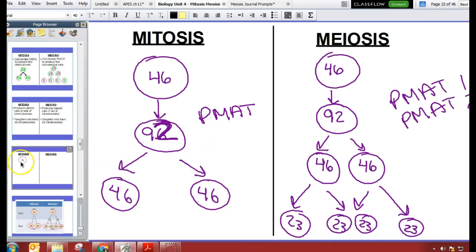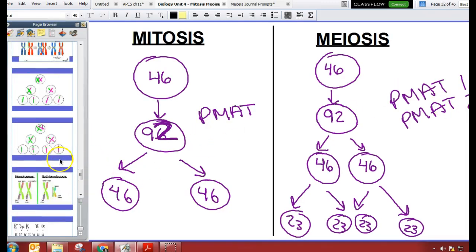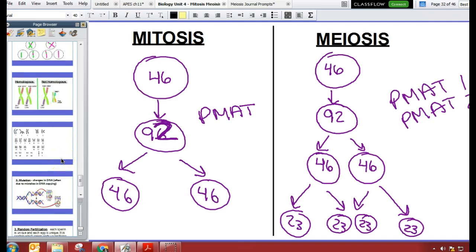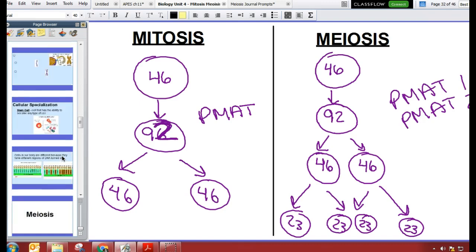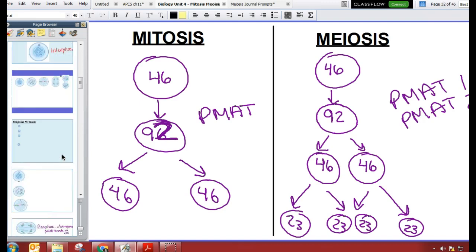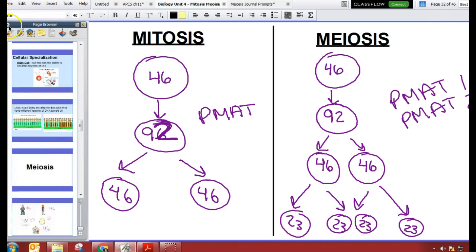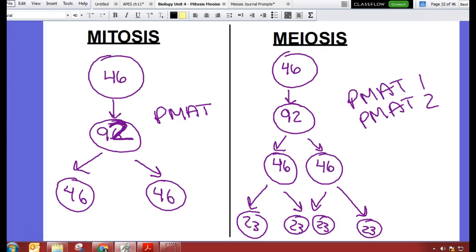The last thing that I want to talk about is homologous chromosomes, possibly. Maybe we'll save that till tomorrow. So that's it for the notes.